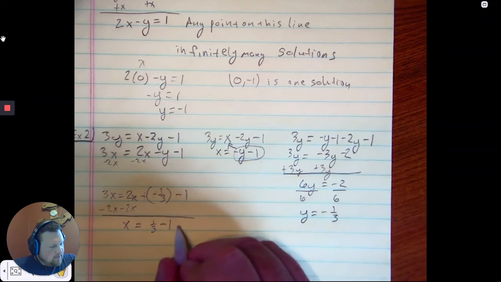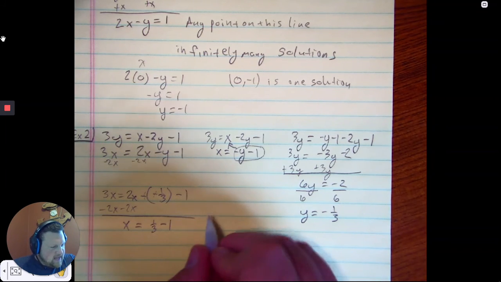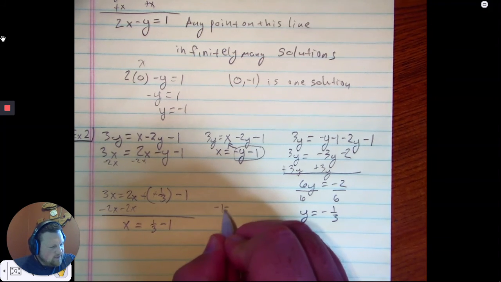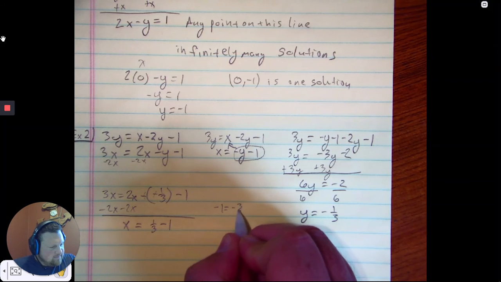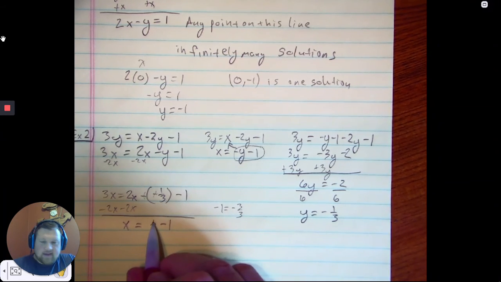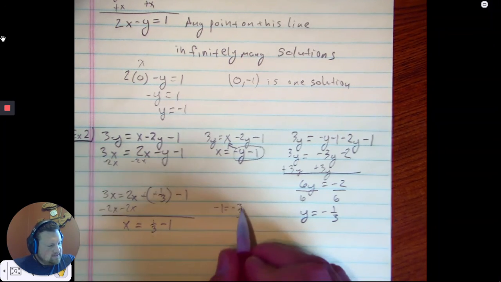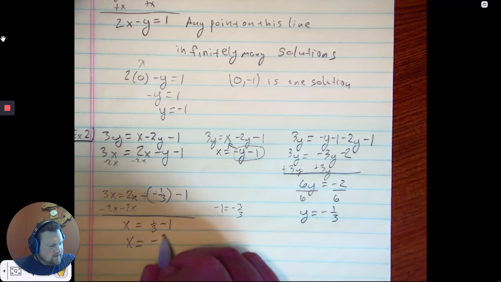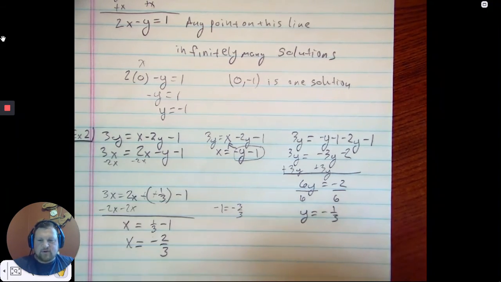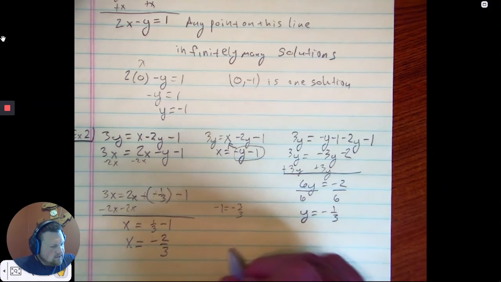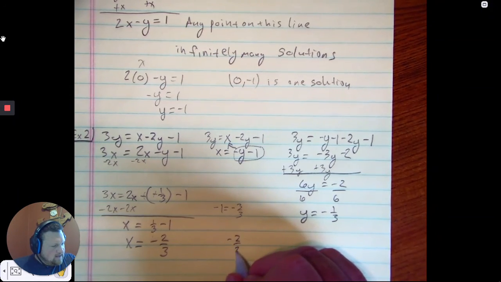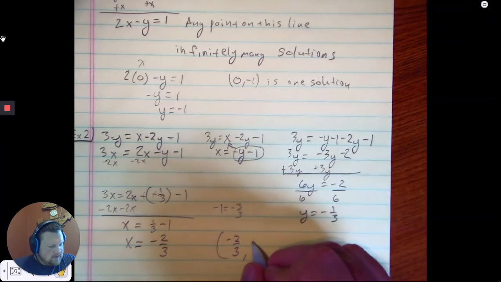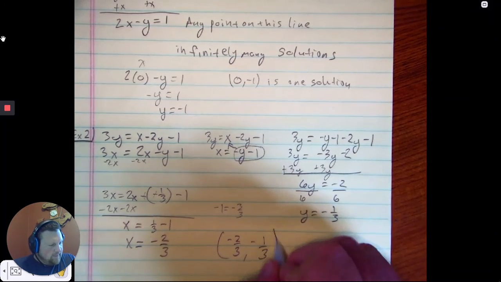Remember, negative 1 really equals negative 3/3. So if I have 1/3 minus 3/3, that means that x equals negative 2/3. So then my answer would be negative 2/3, comma, negative 1/3.